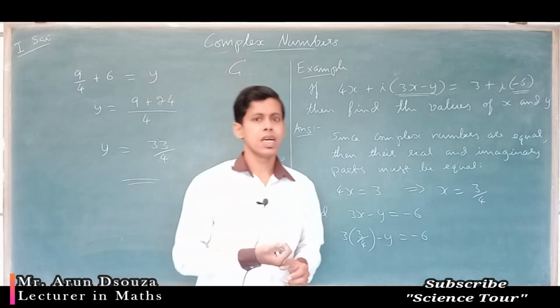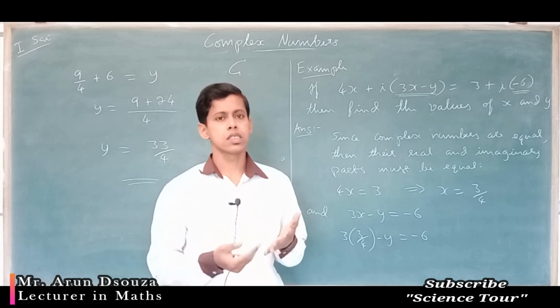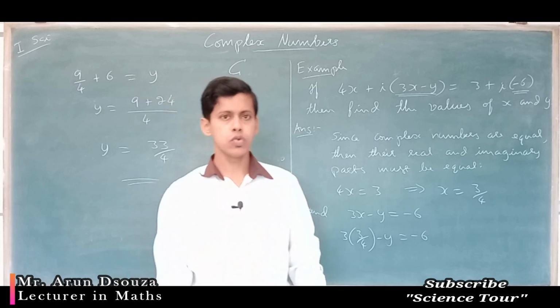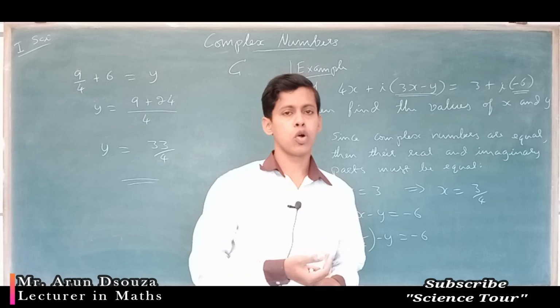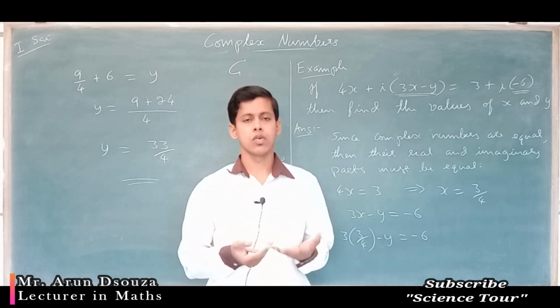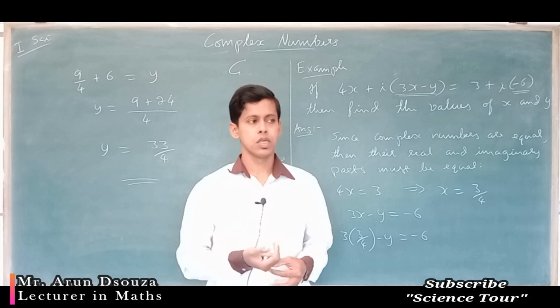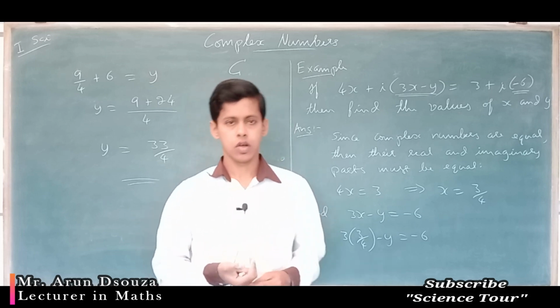So that is about the introduction of complex numbers. In the next class, we will study how to add, subtract and multiply two complex numbers. That is the algebra of complex numbers.